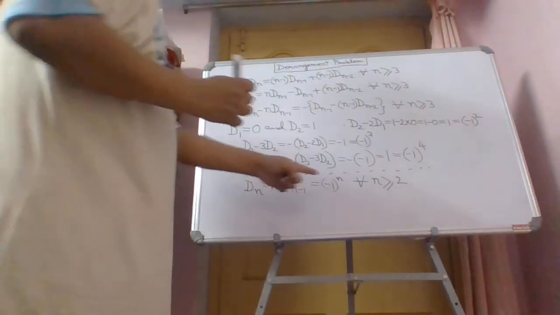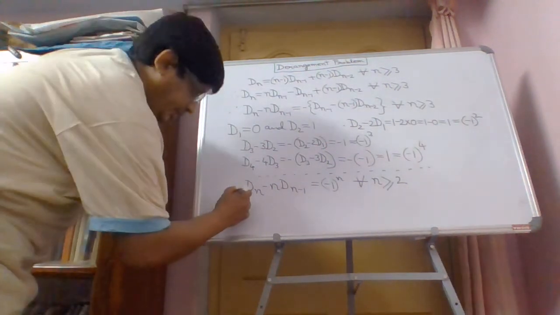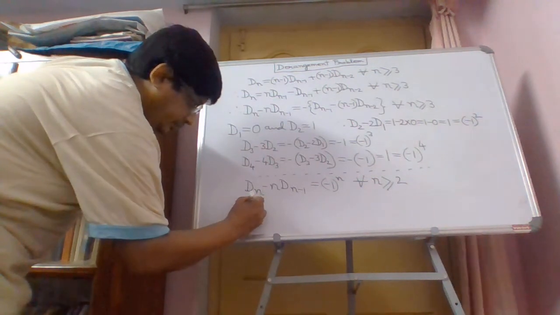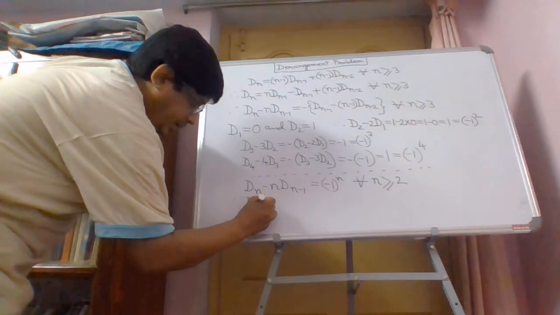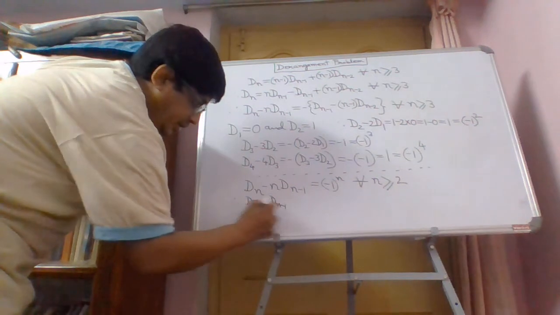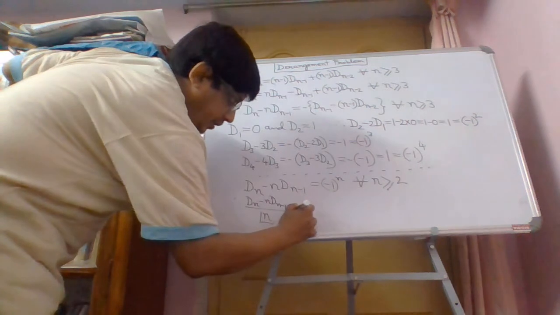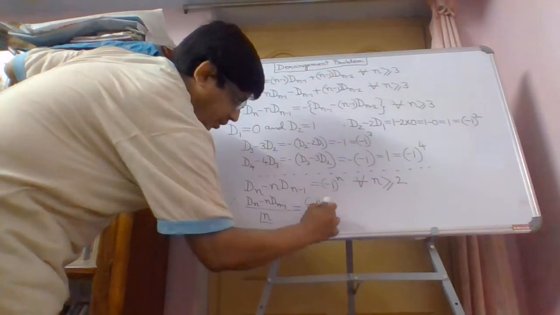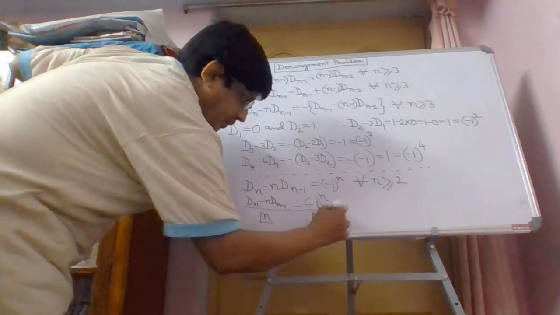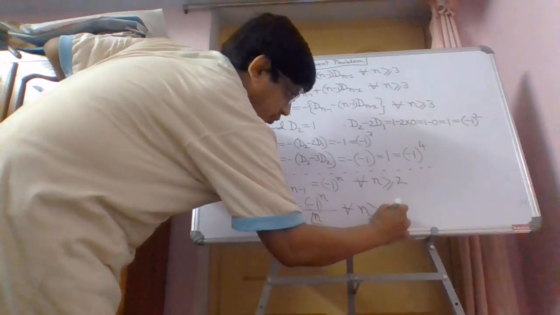Now we divide both sides of this recurrence relation by n factorial. Then what do we get? dn minus n into dn minus 1 divided by n factorial must be equal to minus 1 to the power n divided by n factorial for all n greater or equal to 2.